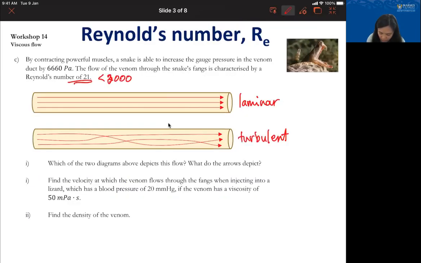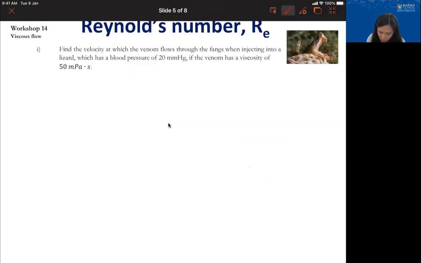So the next question asks us to find the velocity at which the venom flows through the fangs when injecting into a lizard which has a blood pressure given here. So you have a pressure difference.